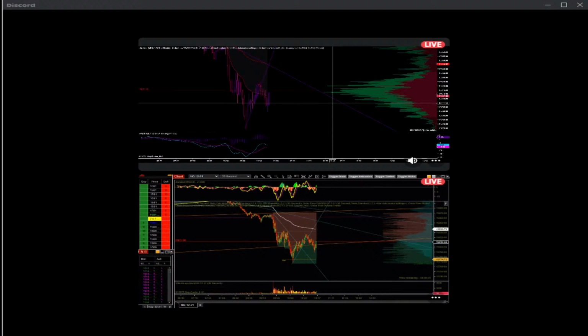POC again. Maybe a down tick candle here.